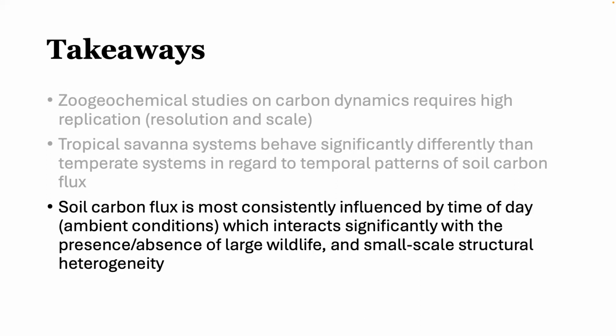So we're still teasing apart the patterns in our analysis of this data set. It turns out it's really complicated, but we do see that significant effect of higher fluxes at night, and it is significantly interacting with wildlife community and small-scale structural heterogeneity, all of which is really intimately tied together.